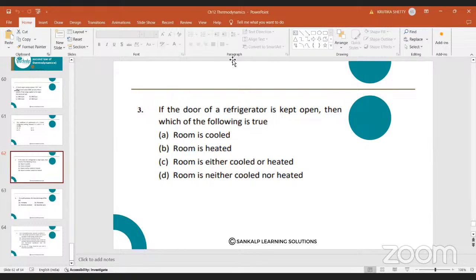If the door of a refrigerator is kept open, then which of the following is true? Room is cooled, room is heated, room is neither cooled nor heated.